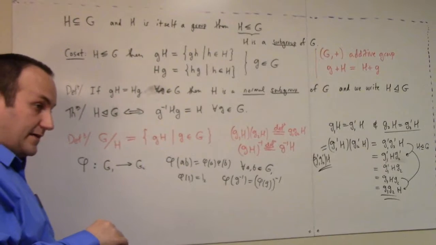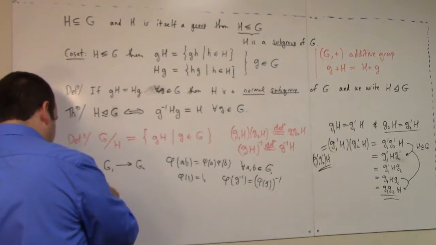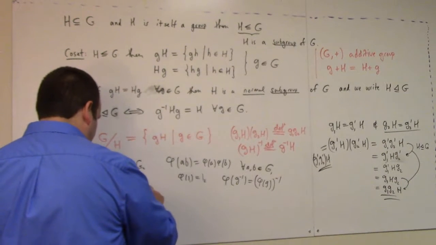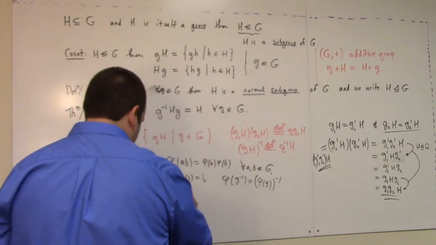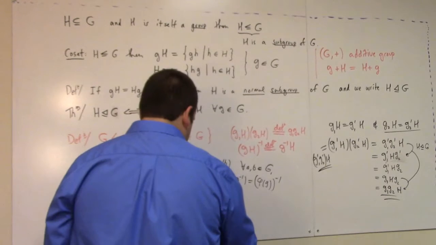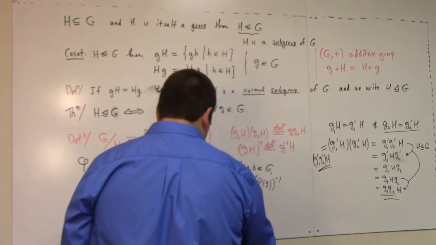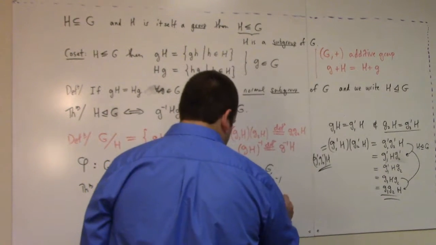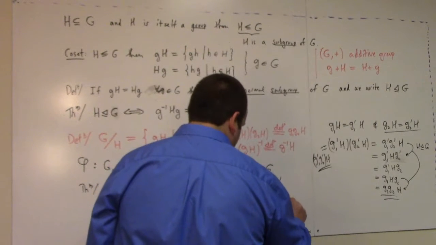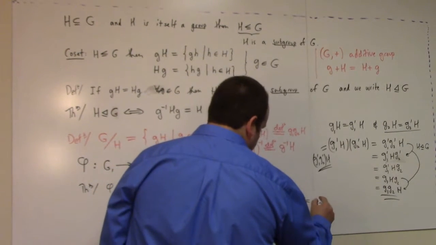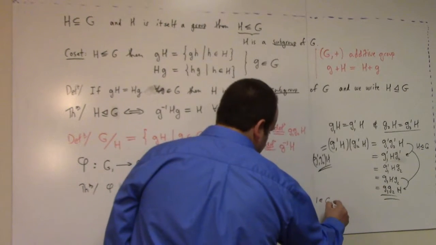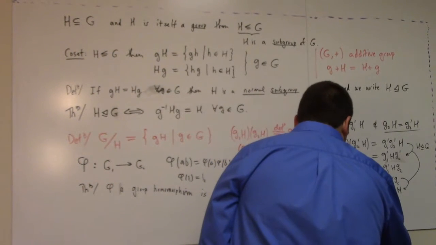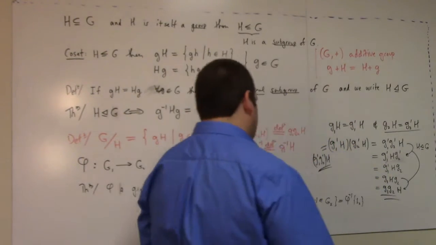That is actually a group theoretic thing. In fact, this is a theorem. If phi is a homomorphism of groups, it is injective, it's 1-to-1, if and only if the kernel of phi, which by the way is the set of x in G1 such that phi of x equals 1 in G2, okay, you could also write it as the inverse image of the identity element in the second group, in the codomain group.